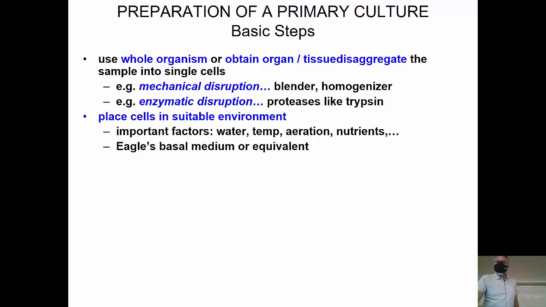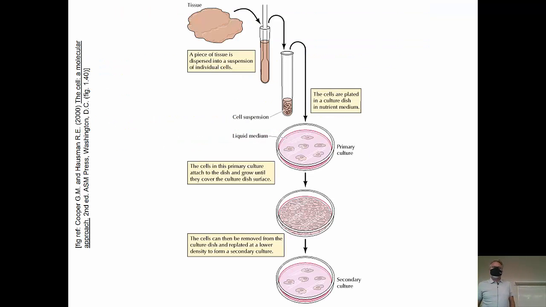And we can see a visualization of the steps in this slide here, where at the top we're starting with a blob of tissue. In this case, it's being homogenized, sort of like a mortar and pestle, and you smash up the cells, and you may combine that with a proteolytic treatment. The cells are then put into a primary culture.